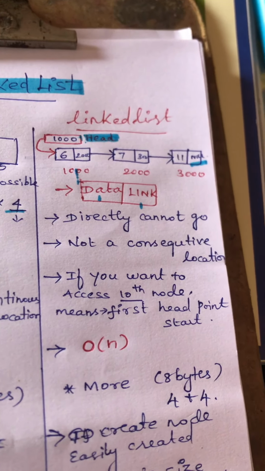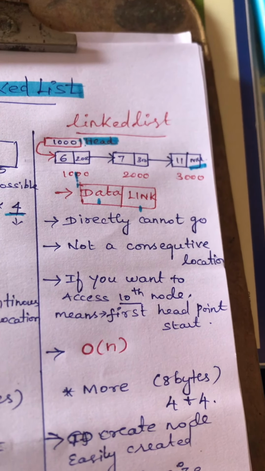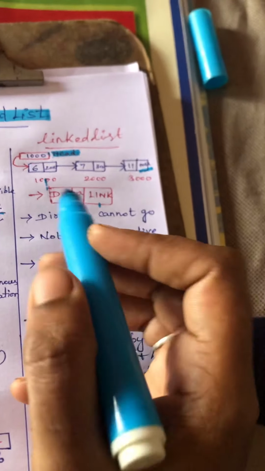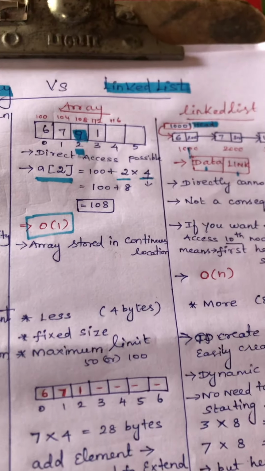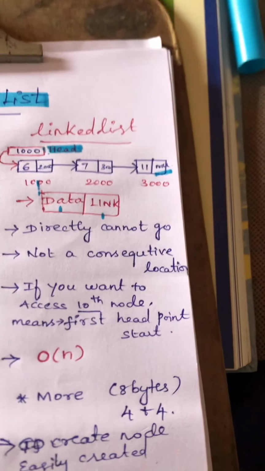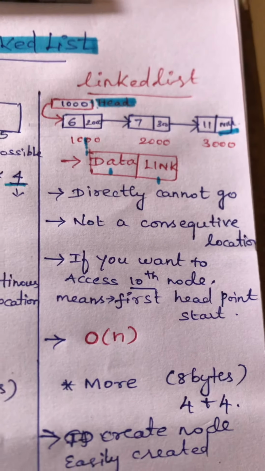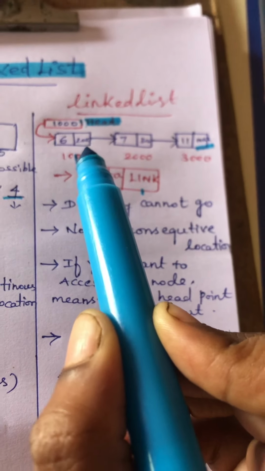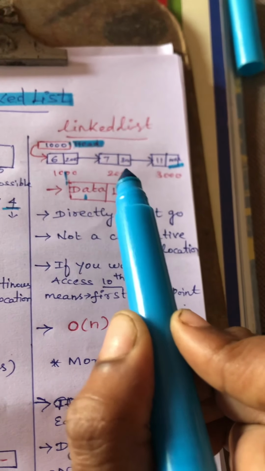In this case, if I want to access any node value, I can't go directly, because in a linked list the locations are not consecutive. In an array, memory space is occupied in consecutive locations. In a linked list, there are no consecutive locations. So you start from the head pointer, then see what the head pointer points to, the next address 2000, then move to the next one, then the next one is 3000.